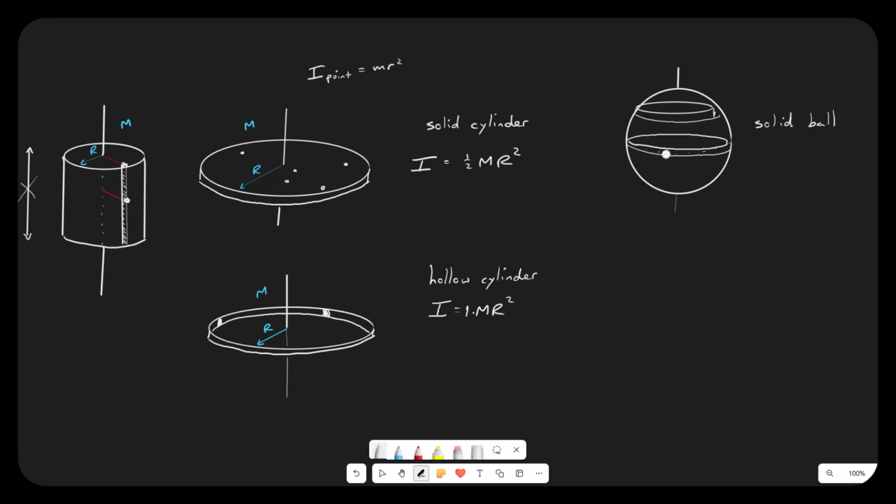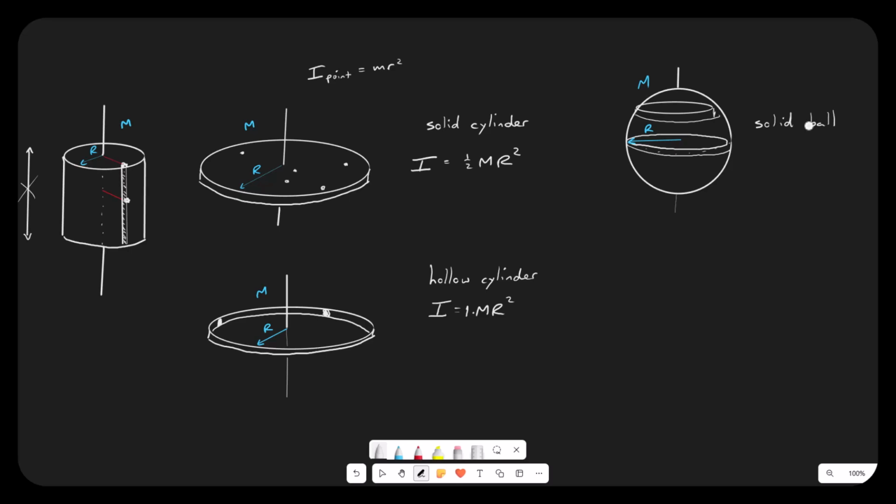The ball has a mass of capital M and a total radius of r. This solid cylinder on the outside would get something like a half mr squared. This one's going to get a half mr squared, but the r is going to be a little smaller.